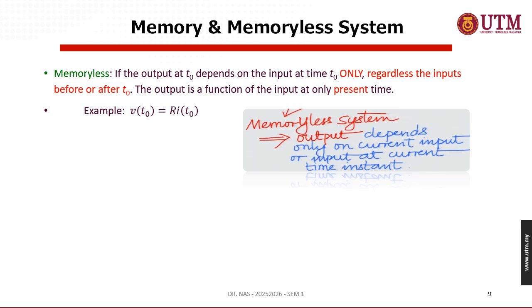In other words, memoryless is a system in which the output at a certain time t0 depends only on the input at time t0. It does not depend on the future values or the past values. Memoryless is also known as a static system.